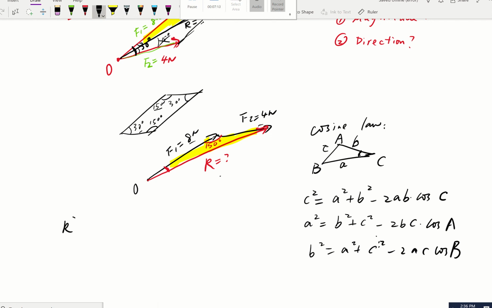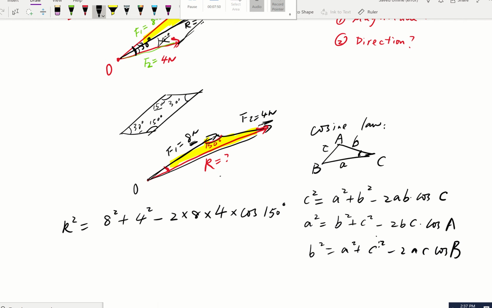Because R squared for this triangle we are solving now is going to be 8 squared plus 4 squared minus 2 times 8 times 4, then times the angle between them, cosine 150 degrees. Alright, pause for a second on your own and try putting this in your calculator and see what you got.